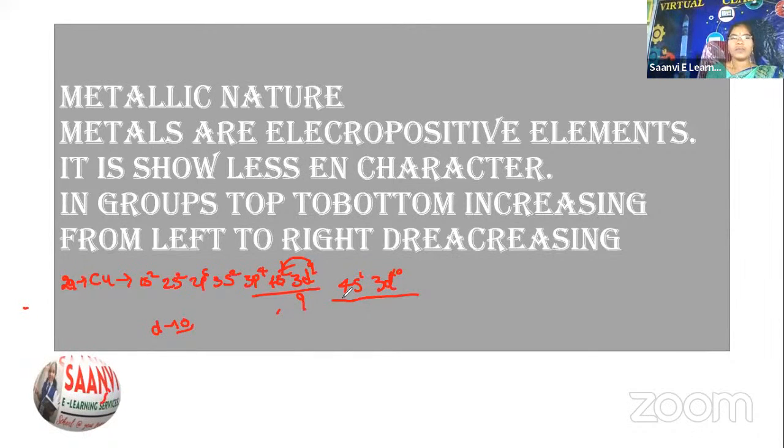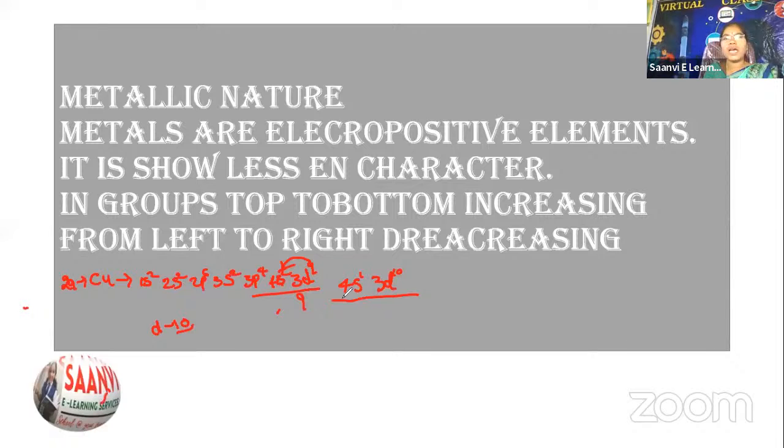So metals are electropositive elements. They show less electronegativity character.